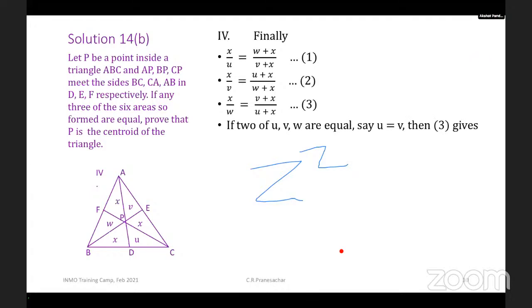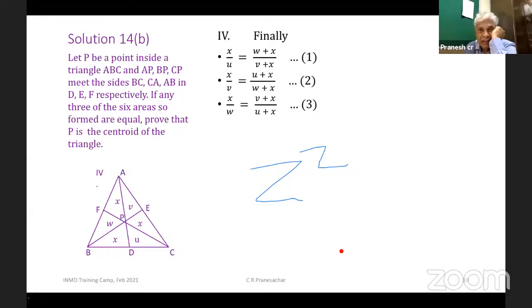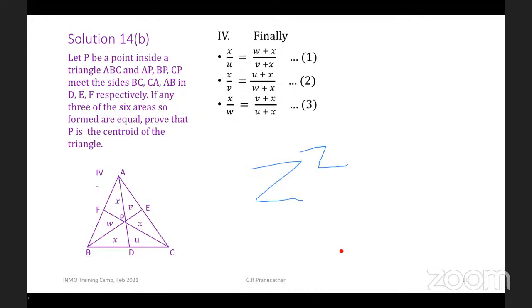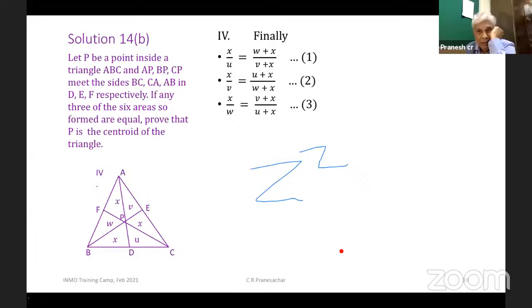Sir, can we make each of the equations quadratic in X? Yes, each is a quadratic in X. So we subtract the two quadratic equations, and then we can get the equality of X with U and V, any one of them. Well, will you get equality? No, you will get X in terms of UVW.